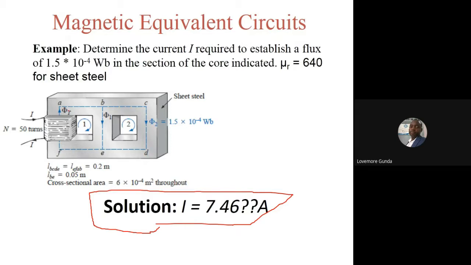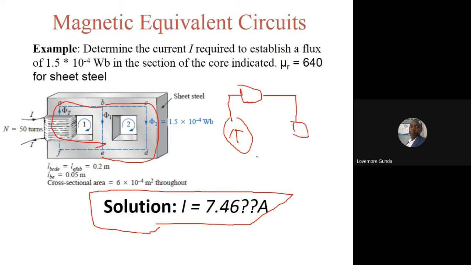Right? So what we are saying is, if this is the same material, from here to there, this can be one reluctance. From here to there, that's another reluctance. Then you have a center reluctance. So in other words, our equivalent circuit will be MMF there, reluctance 1 in the outer, reluctance 2 in this other section.